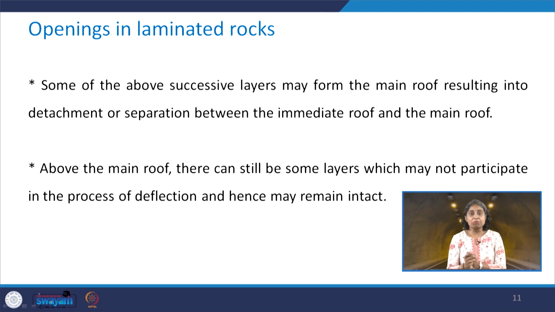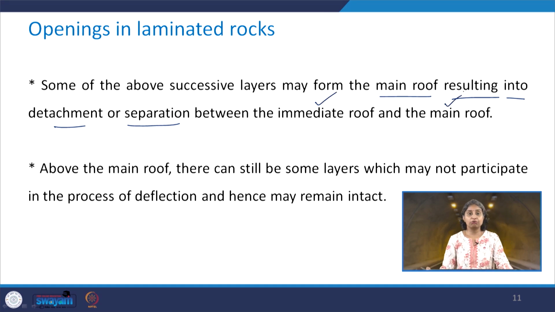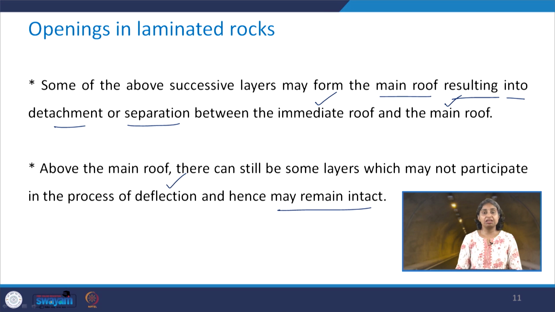Now, some of the above successive layers may form the main roof, resulting in detachment or separation between the immediate and the main roof. Above the main roof, there can still be some layers which may not participate in the process of deflection, and therefore they will remain intact.